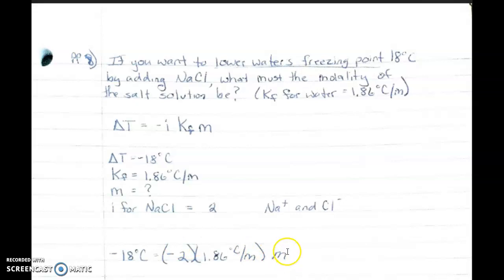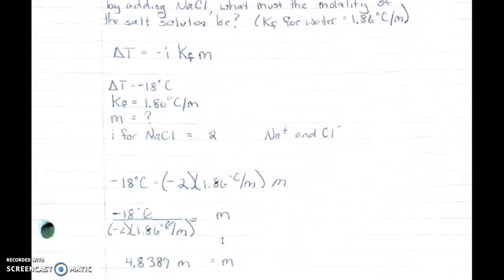We have to isolate M, which means we need to divide both sides by this product. And whether you multiply it now or later is irrelevant. If we divide both sides by 2 times 1.86, since we're dividing by the same number, that will leave M alone on this right-hand side.